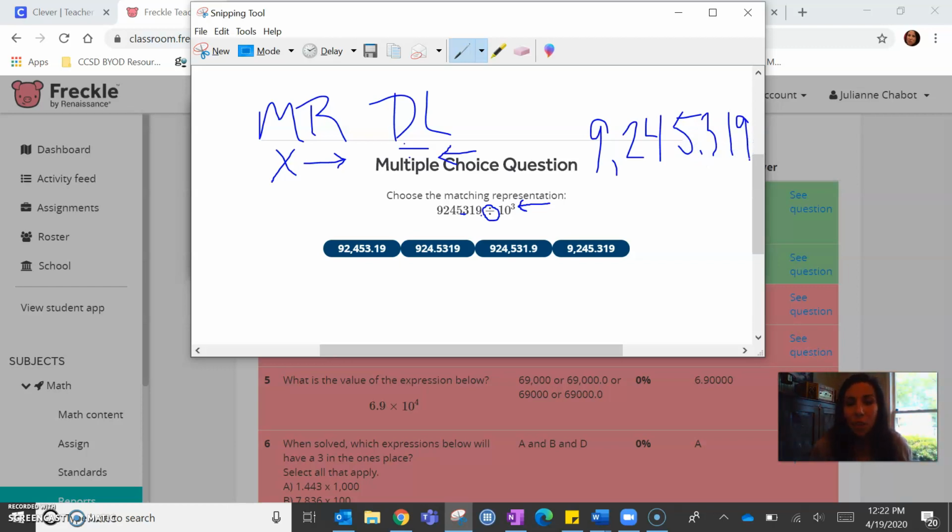Okay, now let's see if we can find the answer that matches that. I can see it right off the bat. I sure do. It is right here. Okay, there's your answer. See, it matches exactly what we found.